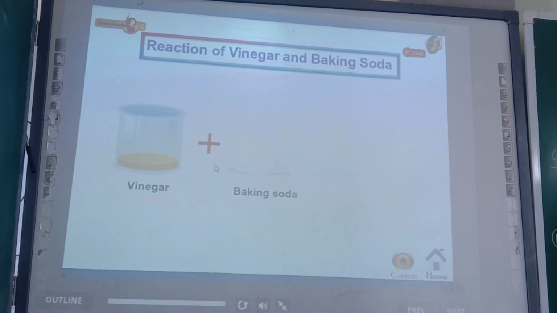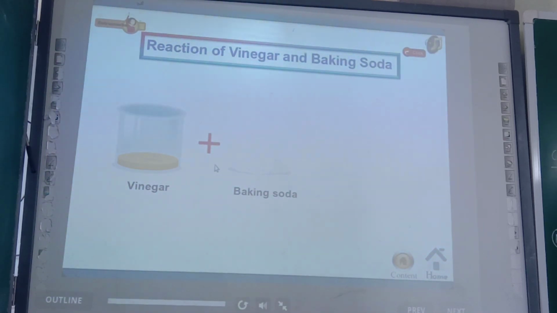Why? Because iron is more reactive than copper. Hence, iron displaces copper from its salt solution and a new substance is formed, that is iron sulfate, FeSO4.